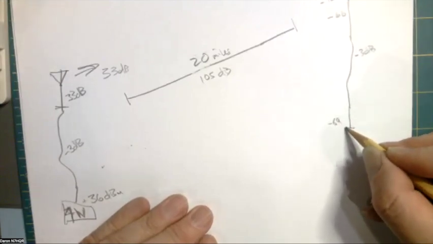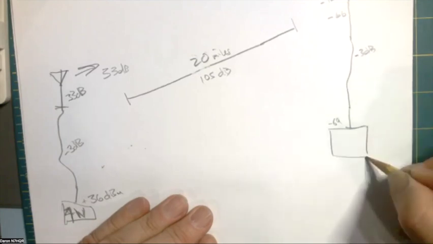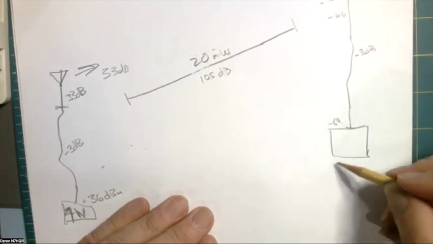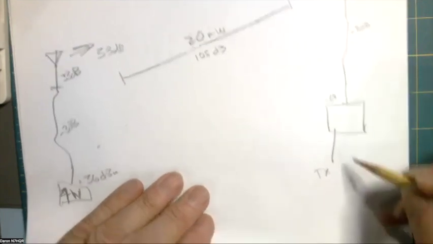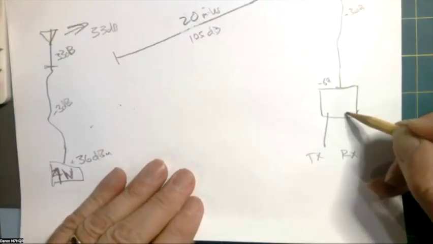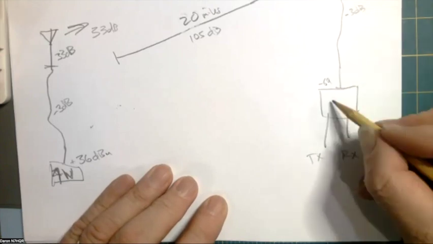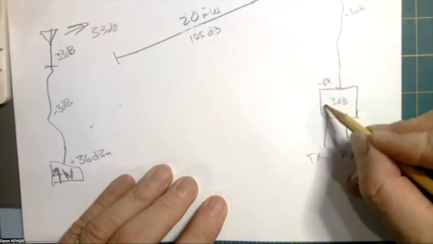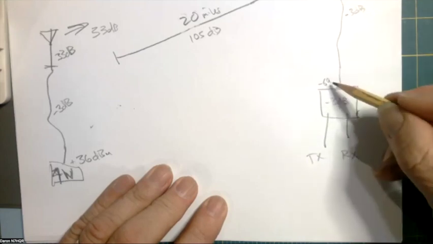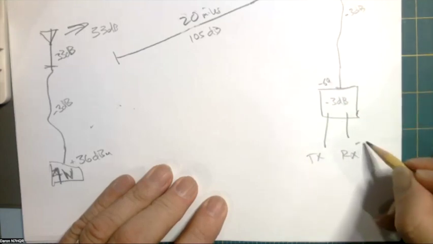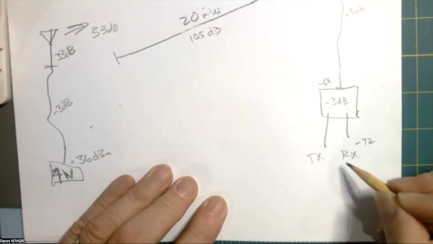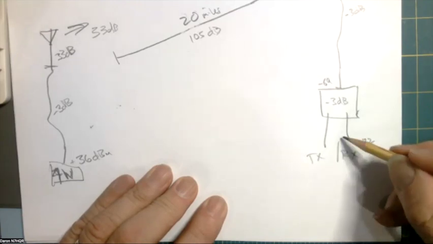And then we're going to have a duplexer up there, which is tuned cavities that allow us to transmit and receive at the same time. And those are lossy. That costs us some signal. So we lose 3 dB in the duplexer. So we go from negative 69 down to negative 72 at our receiver, which is a very respectable signal.